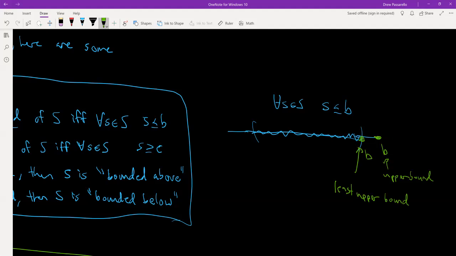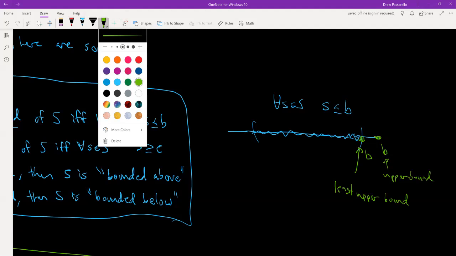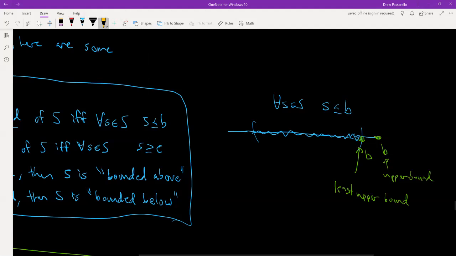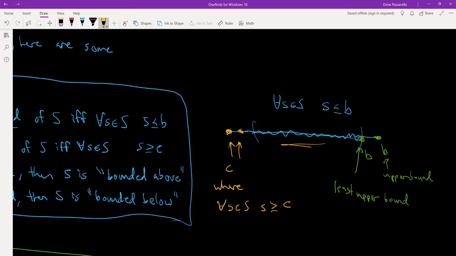And then we have a similar thing with lower bounds. Anything that's out here, these are like my values C, where for all the elements in S, all of the elements in S are greater than or equal to C. All right, those are my lower bounds.